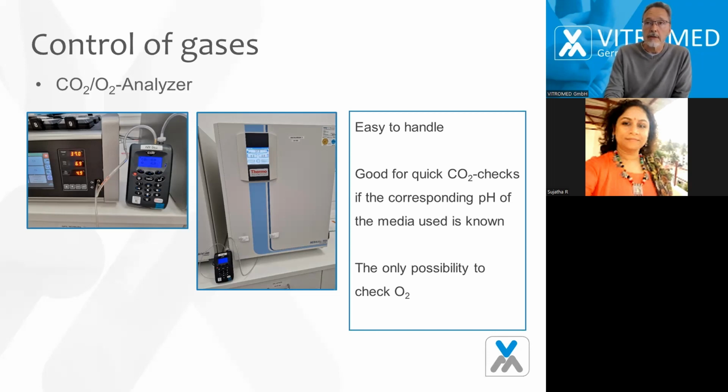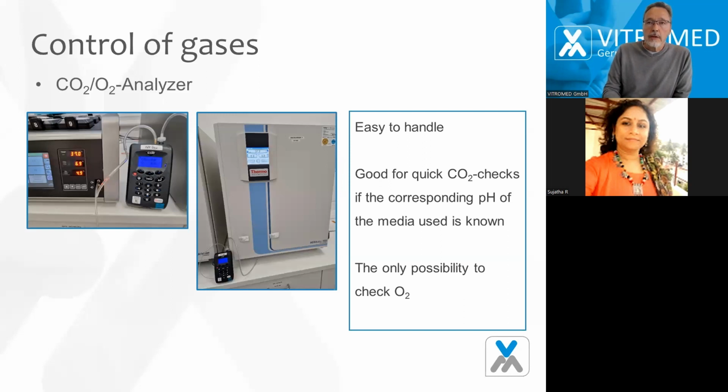The advantage is that they are easy to handle. They are good for quick CO2 checks. For example, if you know that the medium you routinely use has the correct pH of 7.3, for example, at a CO2 concentration of 6.4 or so, then you can check the CO2 level without doing the pH measurement, and if it's 6.4, then you can be sure that everything works fine.